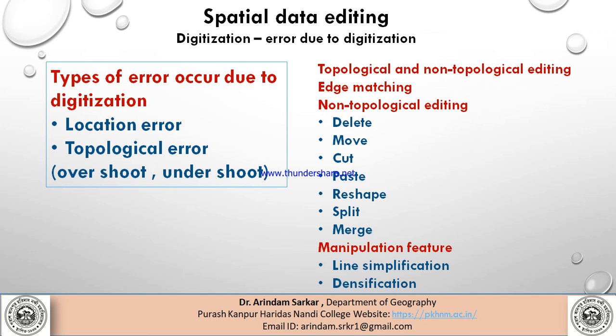Now edge matching. The discussion has so far concerned correcting the digitizing error on a single map. Edge matching is a necessary operation before joining the maps because lines from two maps rarely meet perfectly along the border. Now the non-topological editing: delete, move, paste, reshape, split, merge.